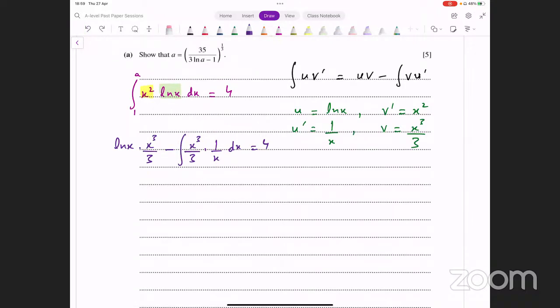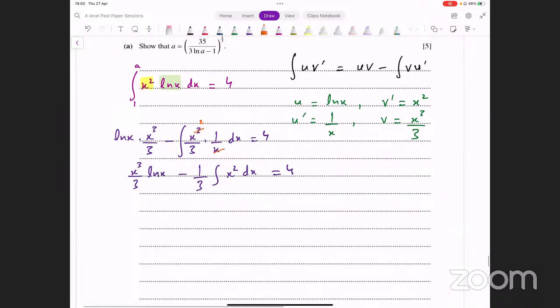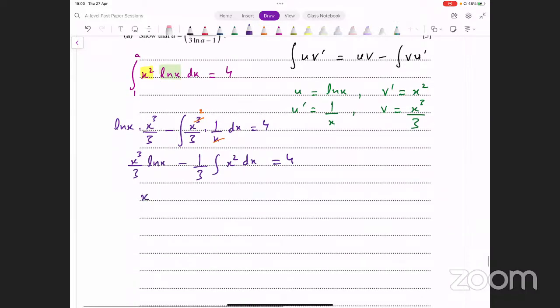Let's simplify this. First of all, you have x cube over 3 into ln of x minus, let's write this constant outside, you have 1 over 3 into integral of x square with respect to x. ठीक है, क्योंकि कैंसिलेशन हो जाएगी, x कैंसिल हो गया एक पावर के साथ. You have x square in the numerator now. x square का इंटीग्रल क्या हो जाएगा? x square का इंटीग्रल हो जाएगा x cube over 3.